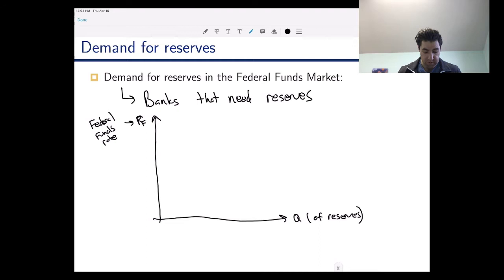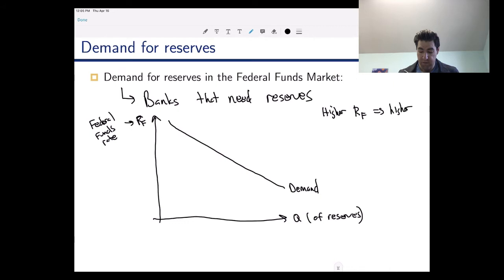And very simply, demand is going to be a decreasing function of the federal funds rate. So the higher the federal funds rate, the lower demand for loans is going to be. So higher RF implies a higher cost to borrowing reserves.